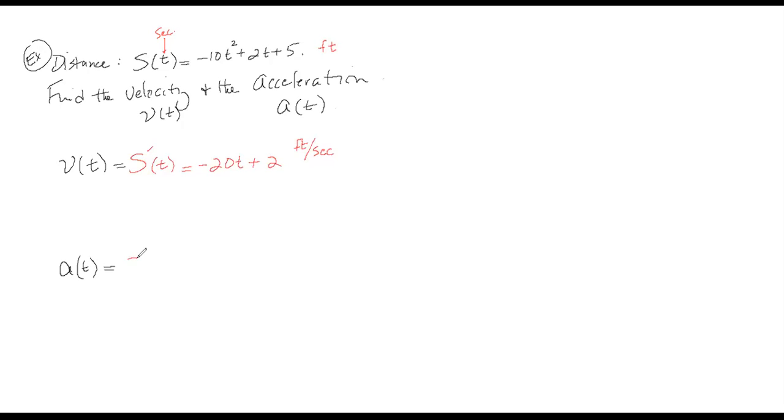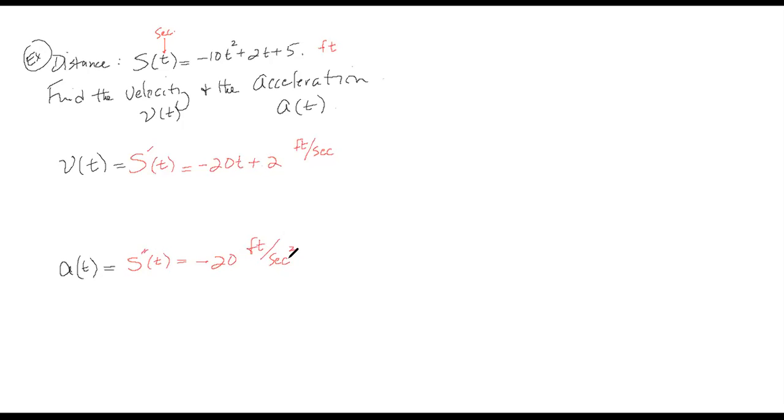And acceleration is the second derivative. So you differentiate this, which gives you negative 20. And the unit for that will be feet per second squared because you're differentiating twice, okay, with respect to time. That's why it's second squared.